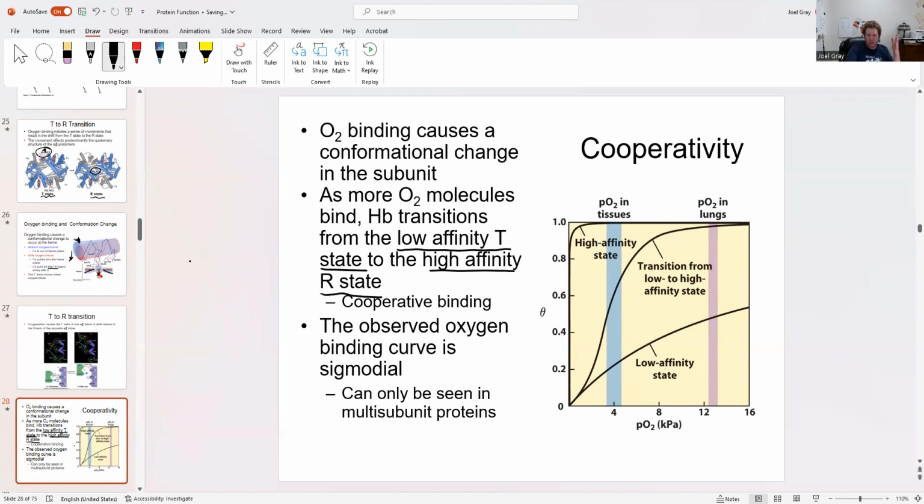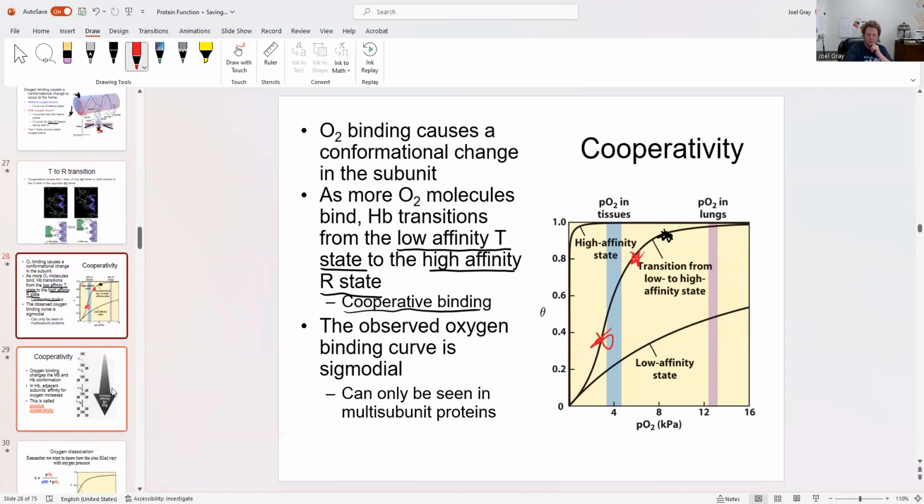So that transition results from what's known as cooperative binding. The observed oxygen binding curve depicted here, let's go ahead and change color, has a sigmoidal shape.